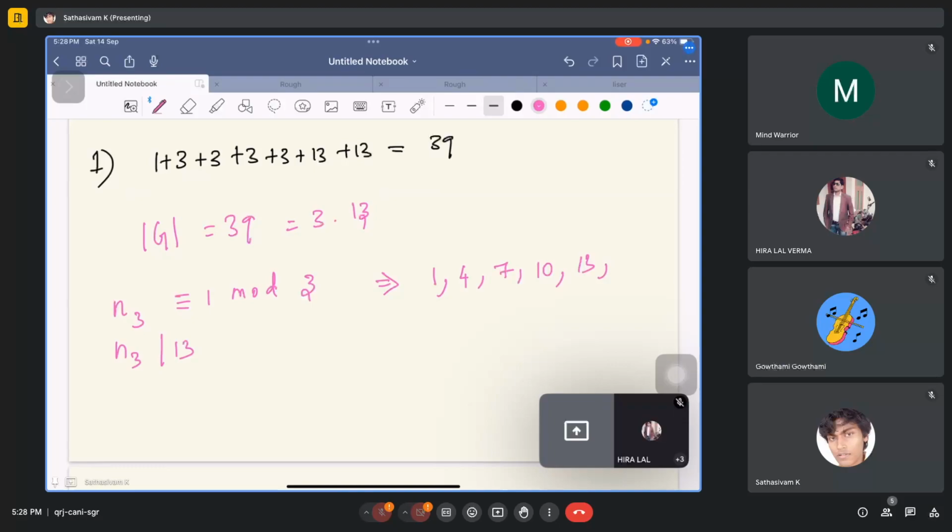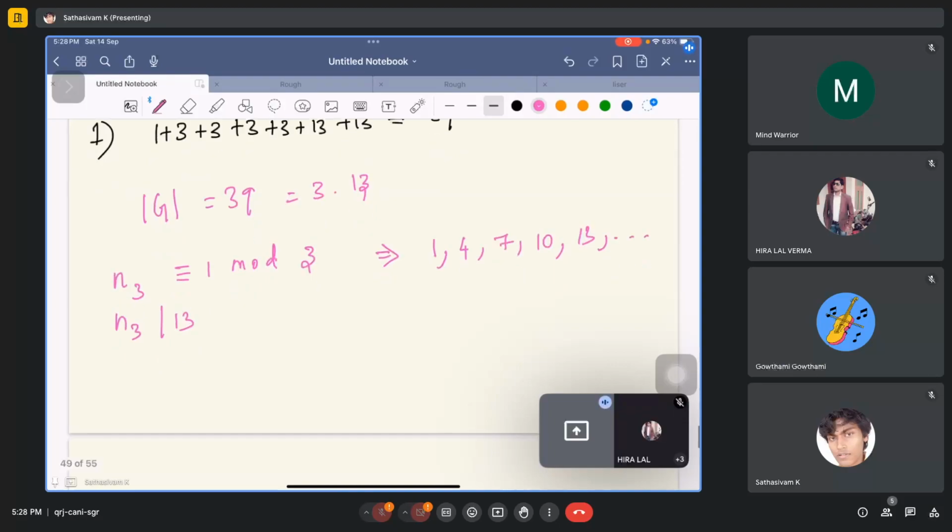There are more numbers, but it has to divide 13. So the only possible numbers here which divide 13 are either 1 or 13. The other numbers do not divide 13. So this much we have now.